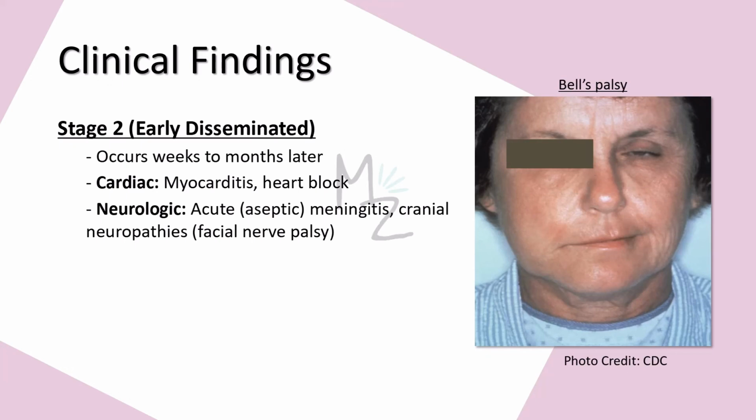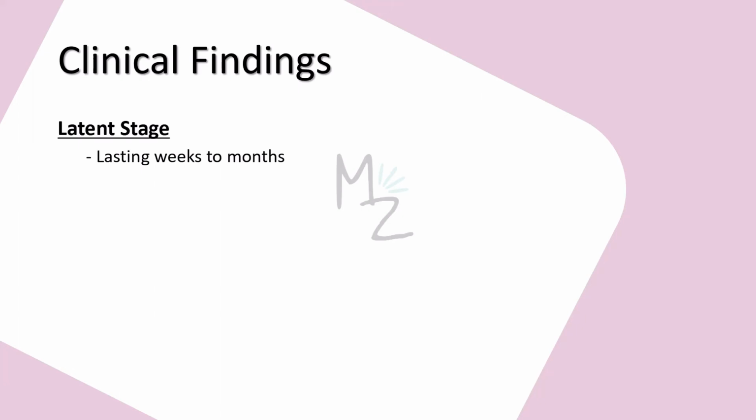In neurologic involvement, acute aseptic meningitis along with cranial neuropathies occurs. Cranial neuropathies such as facial nerve palsy, that is Bell's palsy, as you can see in this picture, are highly suggestive of Lyme disease. Peripheral neuropathies also occur. There's a latent phase that lasts from weeks to months.